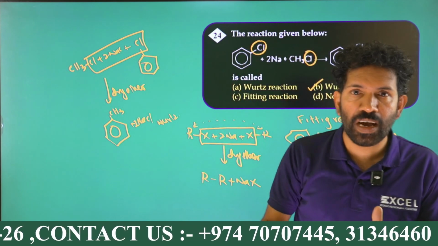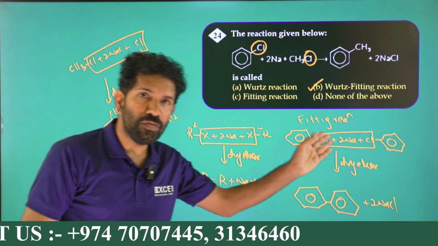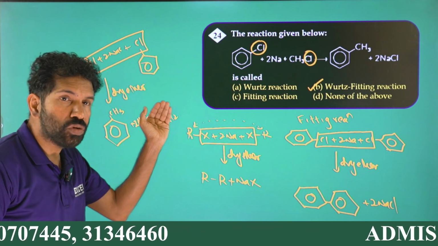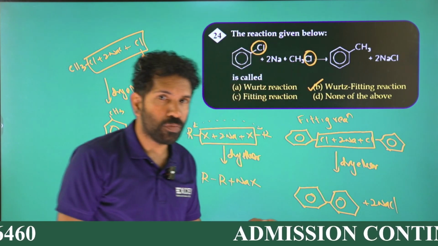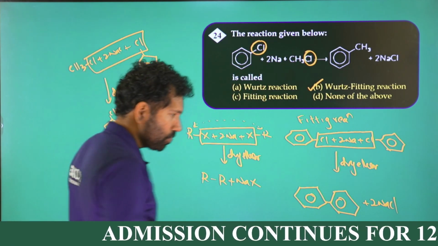So two alkyl halides will give you Wurtz reaction. Two aryl halides will give you Fittig reaction. One alkyl halide and one aryl halide will give you Wurtz-Fittig reaction. So the answer here is Wurtz-Fittig reaction. I hope you got it. This is an easy question, right? So we are moving to the next question.